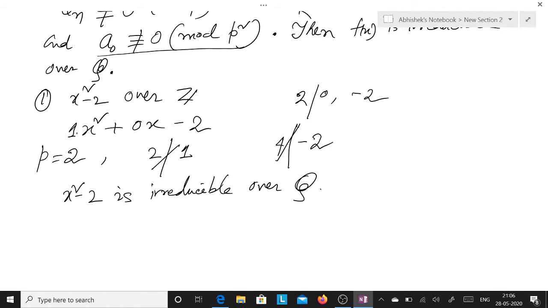This is a crucial step. In many cases you will not be able to find the prime very easily. This is a drawback of this test.